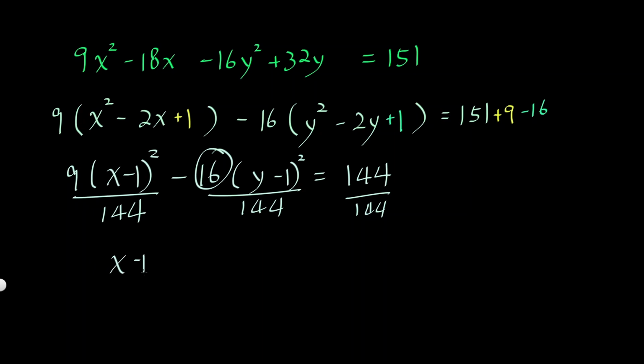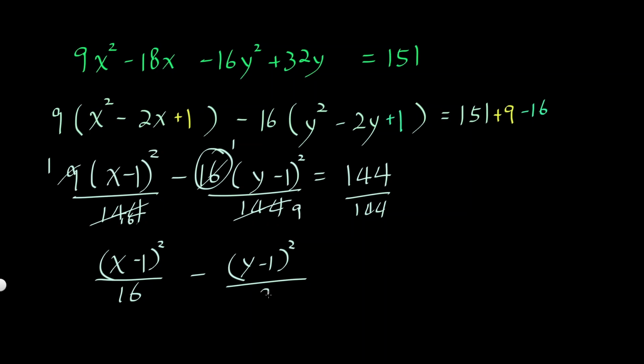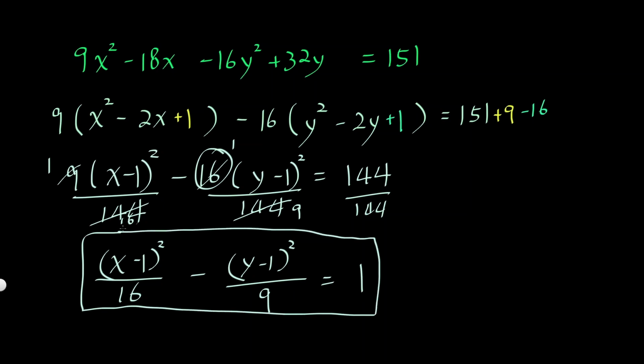So it's going to be x minus 1, the whole thing squared, over 16, because 9 goes into 144 16 times, minus y minus 1, the whole thing squared, over 144 divided by 16, which is 9, because 16 goes into 144 9 times, is equal to 1. So this is the standard form of a hyperbola.